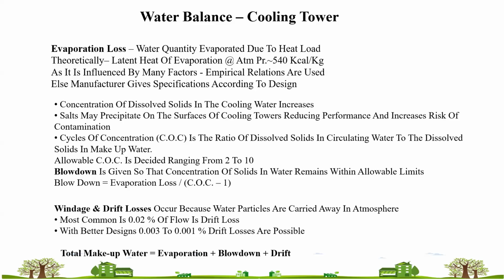There is an empirical relation to calculate it: evaporation loss equals 0.0085 into 1.8 into circulation rate into range of the cooling tower. You need to understand the formula. 0.0085 is the latent heat of evaporation for that water quantity, and 1.8 is the evaporation quantity for every 10 lakh kcal of heat rejection.